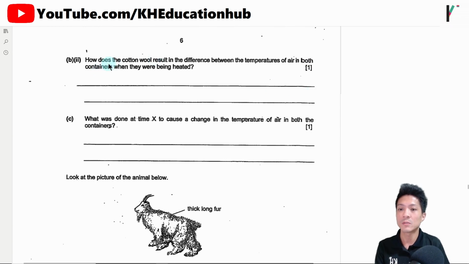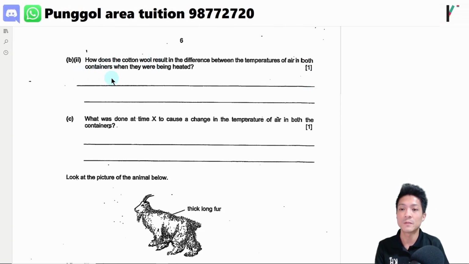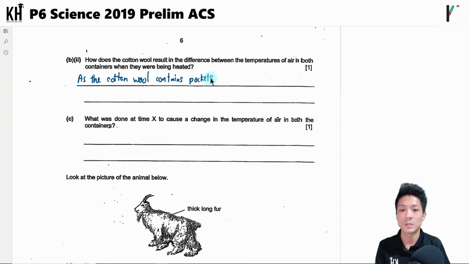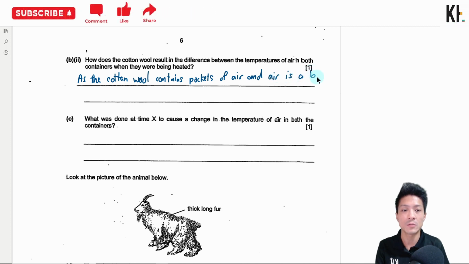So for B part 2, the cotton wool contains pockets of air, and air is a bad conductor of heat.